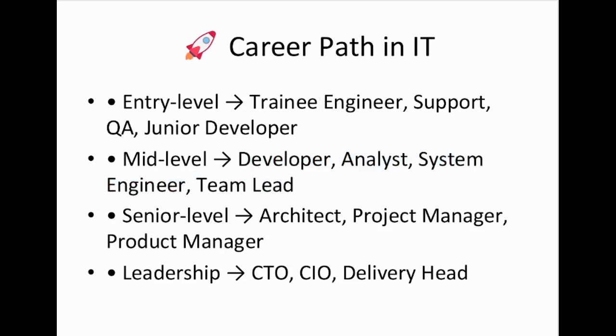Senior level is architect, project manager, and product manager. And leadership is CTO, CIO, and delivery head. CTO stands for Chief Technology Officer, and CIO stands for Chief Information Officer.